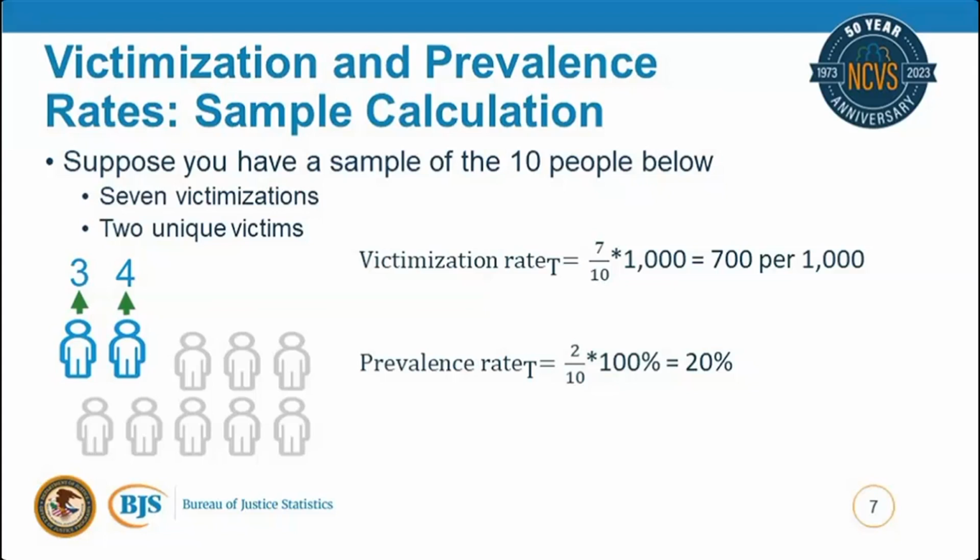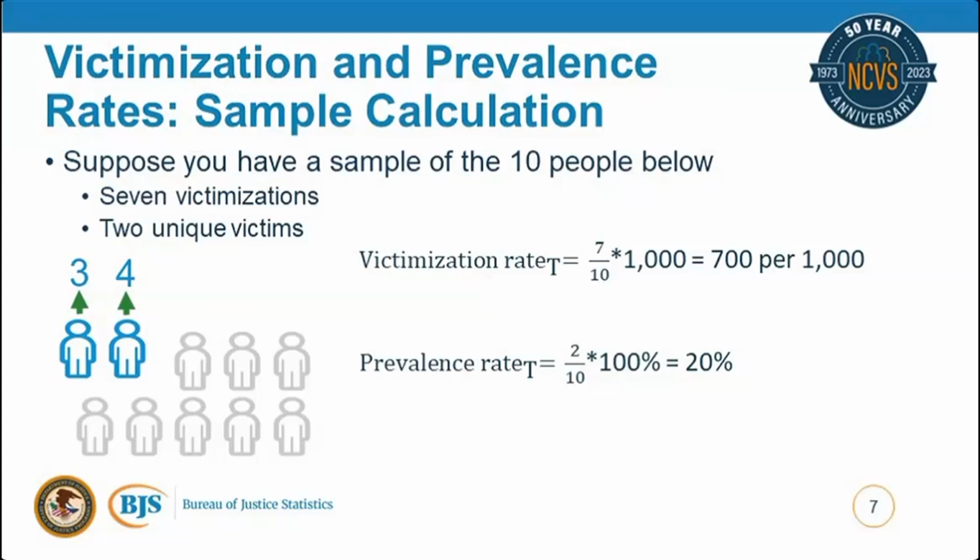To get the prevalence rate, we divide the number of victims, 2, by the number of people in the population, 10. We then multiply that number by 100% to get the percentage of persons who are victims of violent crime. This means we would expect 20% of people in that population to have been victims of violent crime.